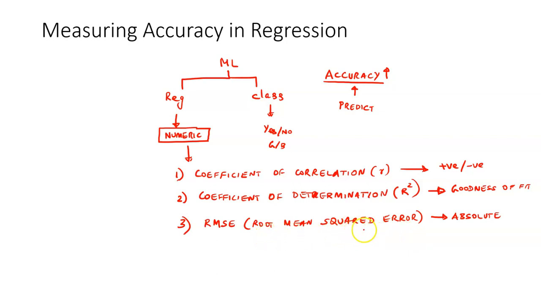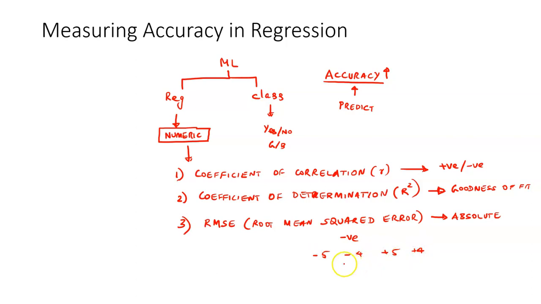We square this because sometimes you can have negative values also, right? The difference between predicted and actual can sometimes be negative also, which is why we square it and then take a square root, right? Suppose, for example, the difference is -5, -4, +5, +4.